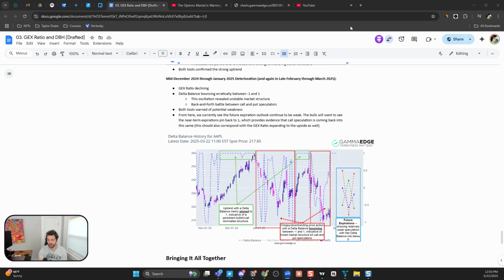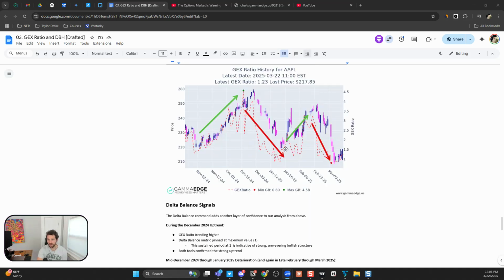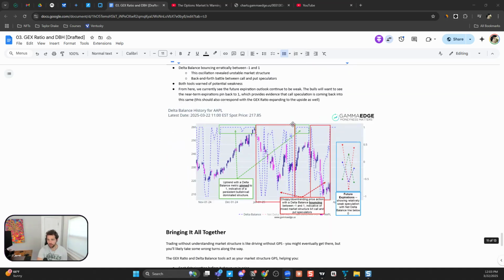We know that is not conducive to what we see during general periods of uptrends. We were pinned to 1, certainly not the condition here. Then, when we saw that little impulse move higher, that corresponded with a couple weeks of the net delta balance command pinned to 0. And then in that subsequent February decline, we saw the delta balance command really deteriorate as well.